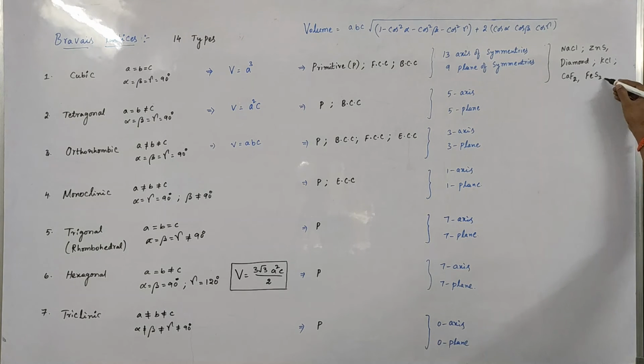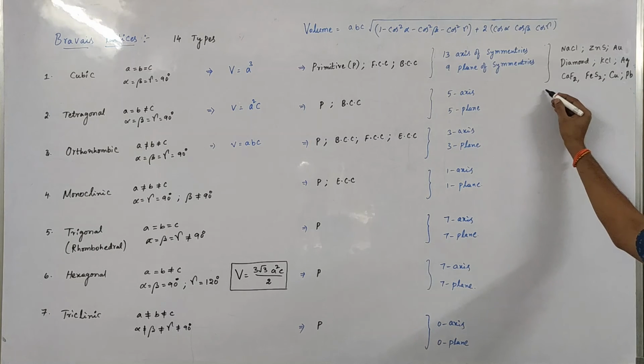FeS2 iron pyrites, Cu copper, Pb lead, Ag silver, gold, mercury. These are all examples of simple cubic form.